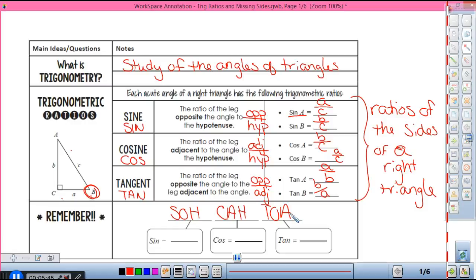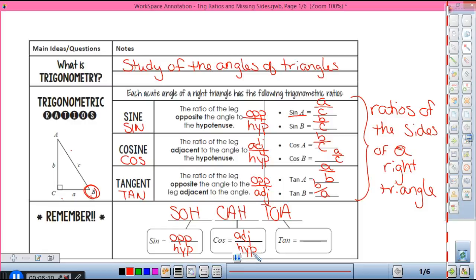And what it means is that SOH: sine is, what's the O stand for? Opposite over hypotenuse. CAH is cosine, what's the A? Adjacent over hypotenuse.